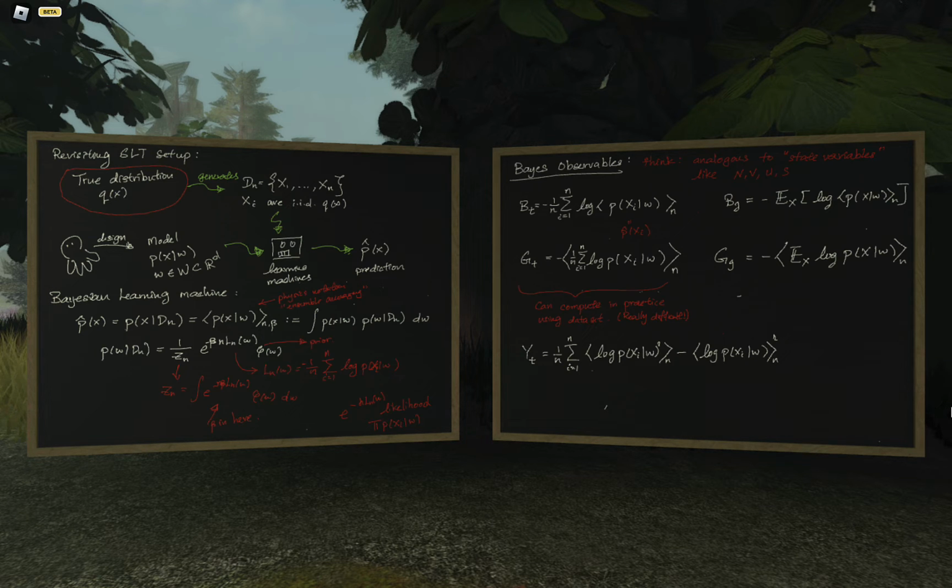So this should remind you of the variance of the log loss. Because negative doesn't matter in variance, it gets squared away. And then there's, of course, the average version of that.